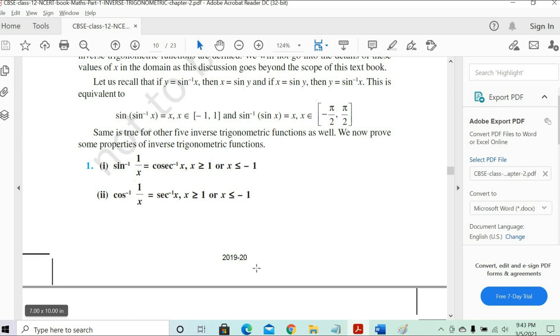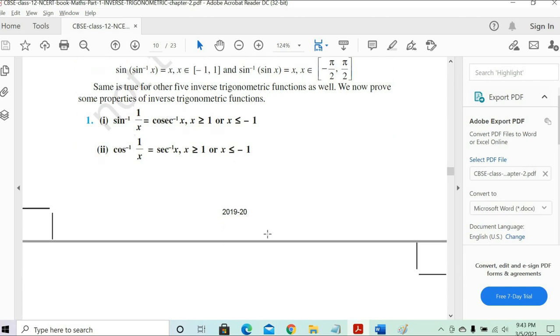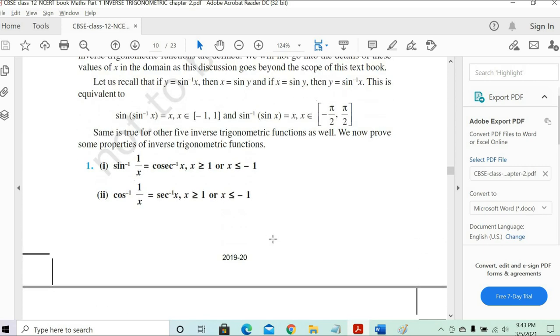You're getting it, Vijay? Cos inverse 1 by x is equal to secant inverse x, is it the same method? Not really, so I'm not getting it. Okay, not right. Okay, I'll explain to you. Let's understand this part. So what I'll do is I'll just share my screen to you and I'll start writing here only. Is it okay?